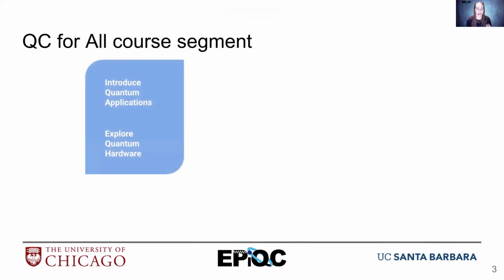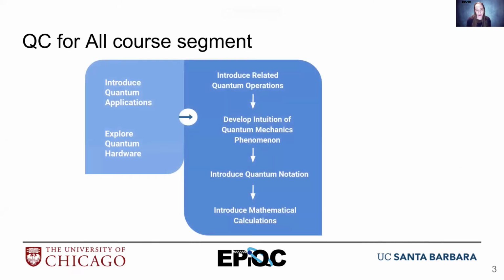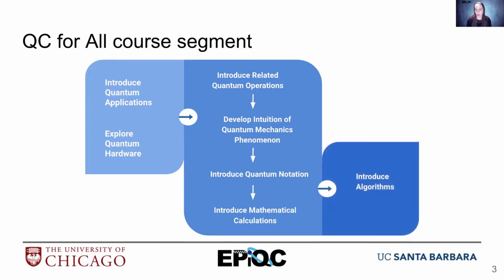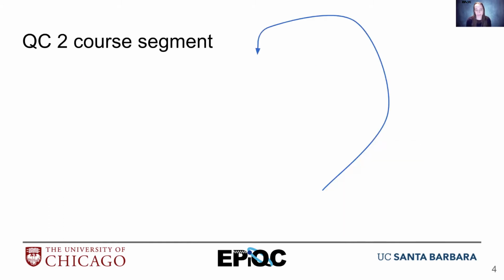So we introduced the applications and the hardware, and then went through the sequence of introducing some operations or the quantum mechanics phenomenon, and then explored it through the visual representation. Then we introduced quantum notation and some mathematical calculation. And we ended by introducing two algorithms that don't do anything useful, but provide intuition on how quantum computing and quantum calculations work and get speedup.